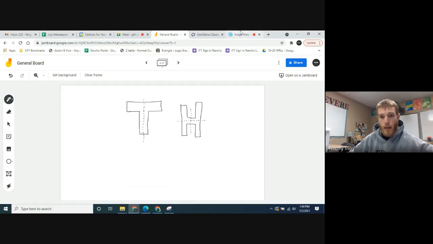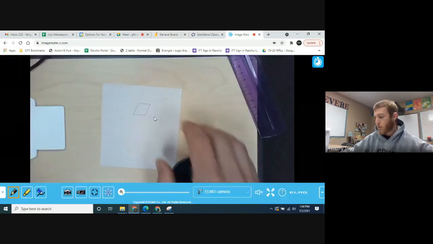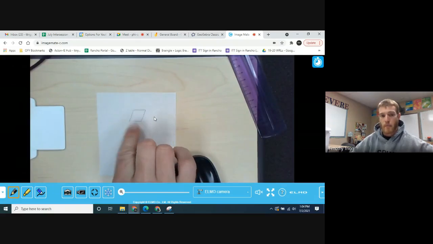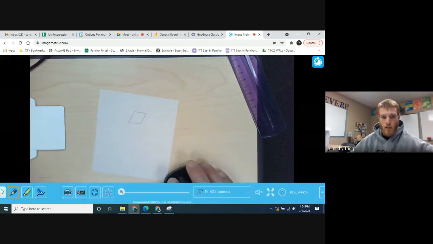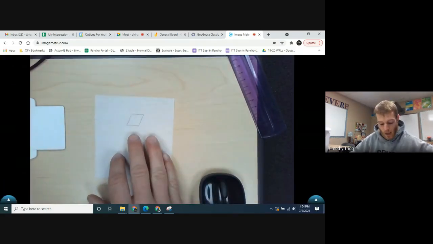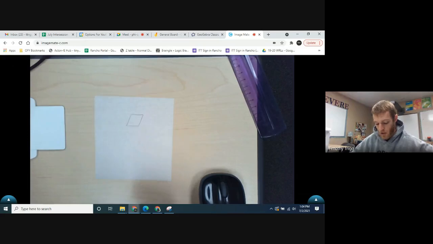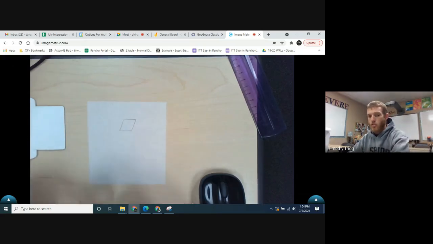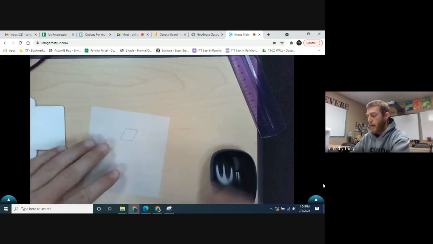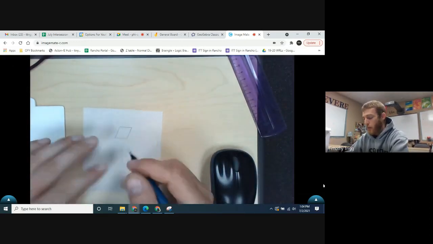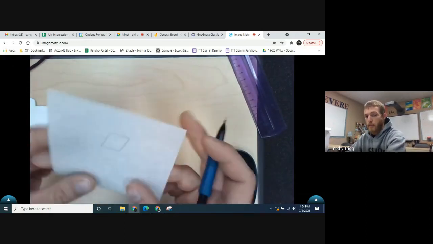So let me go ahead and you could take a look. Here's the rhombus that I copied from the book here using the document camera. And it says, how many lines of reflection, or in other words, lines of symmetry, does this rhombus have? That's part A. So we're looking for a line that if you fold it along that line, the rhombus would fold onto itself.